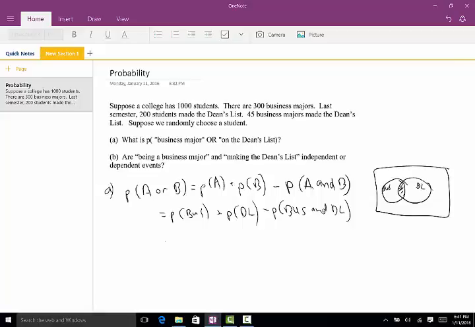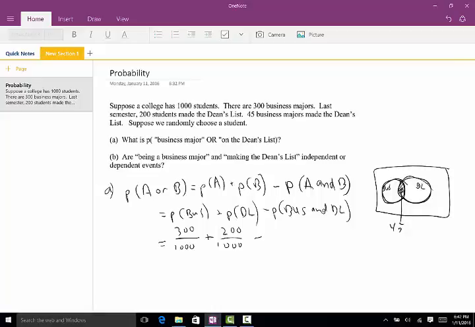Okay. So business major, what's the probability that the student is a business major? That's 300 out of the 1,000 students. Add to that the chance that the student was on the dean's list, basically 20%, 200 out of the 1,000 students. Now, at this point, we've counted all of these, we've counted all of those, and again, we've double counted the 45 students who are in the middle.